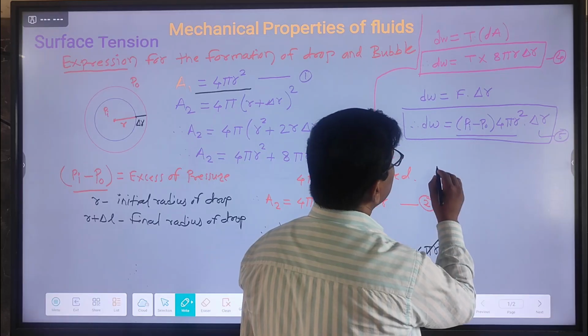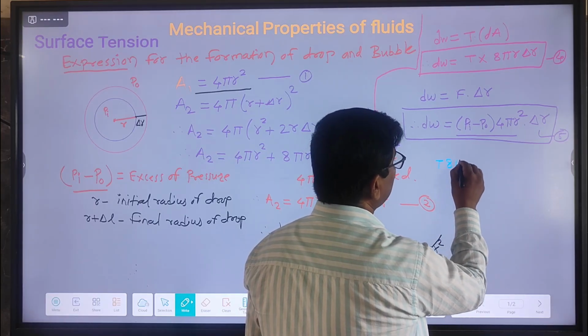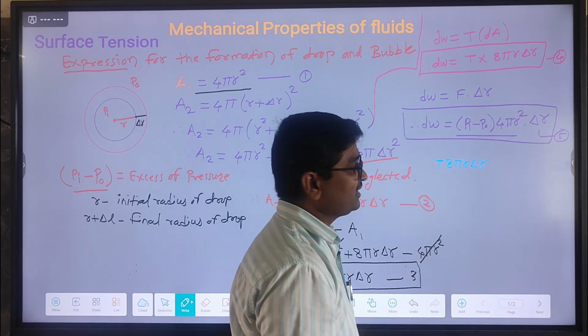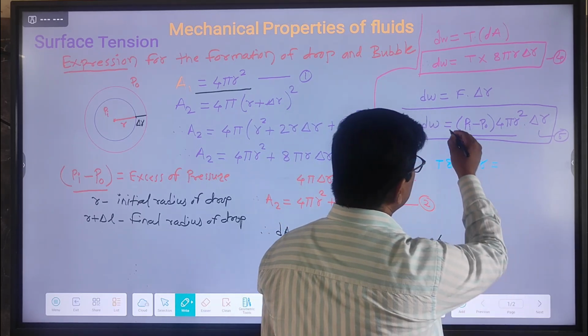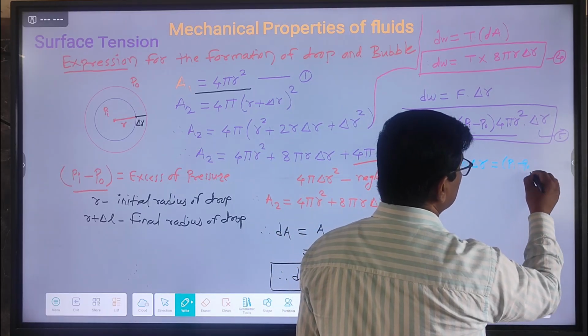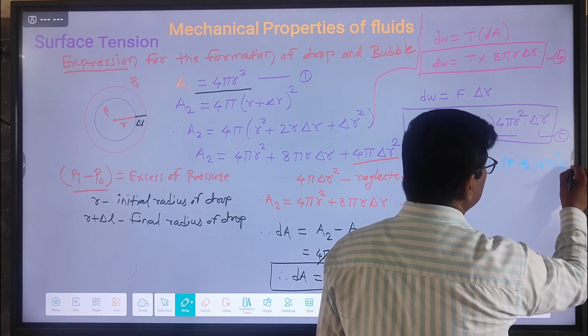Equation 4 is T into 8 pi r into delta r, and this is equal to Pi minus Po into 4 pi r square into delta r.